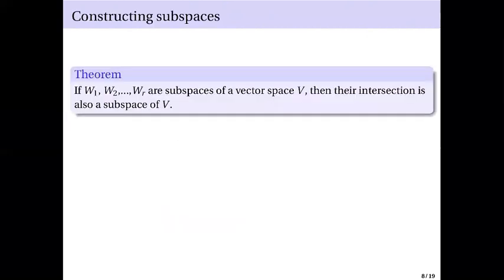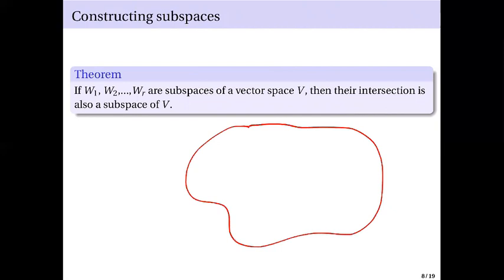Now, how do we construct subspaces? One way is the following. Suppose we have a collection of subspaces W1, W2 until Wr of a vector space V. For example, I'll just draw this. This is my vector space.